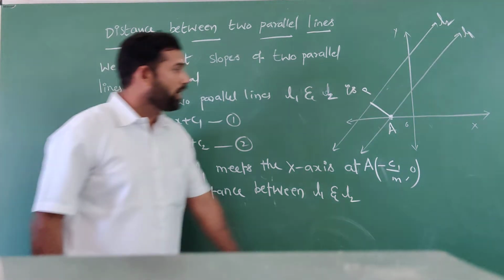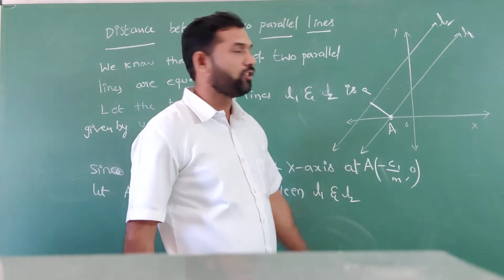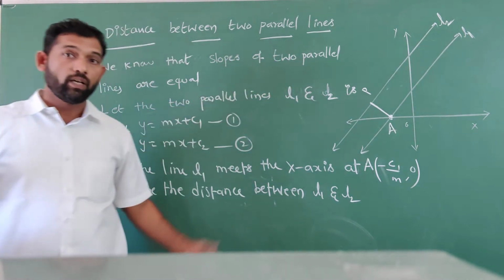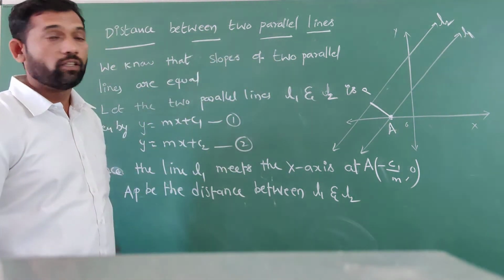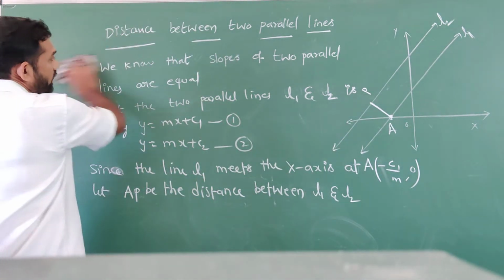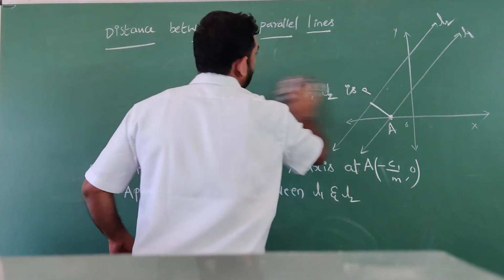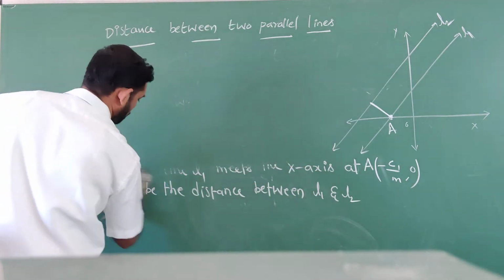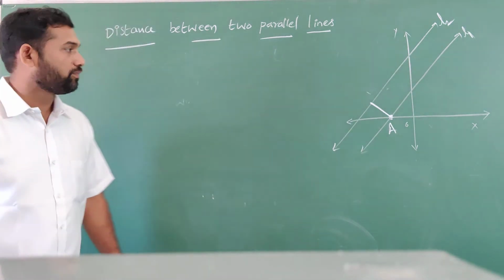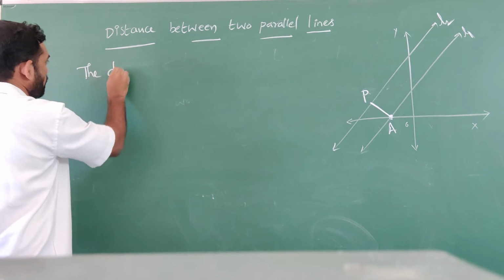Right? So one point is there, that is minus c1 by m comma 0. So we use the point to line distance formula, from the previous formula.